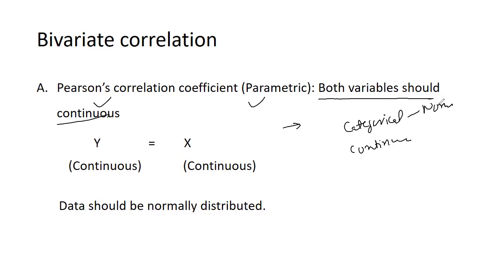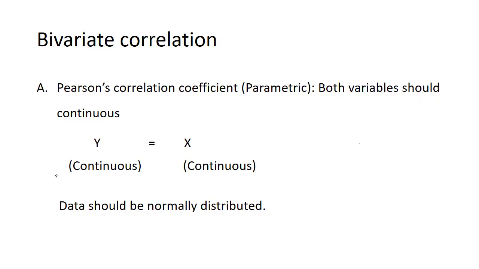Categorical means nominal and ordinal, and continuous means interval type data and ratio type data. The first assumption of a parametric test is that both the variables should be continuous, meaning we should collect data on either the interval scale or the ratio scale.